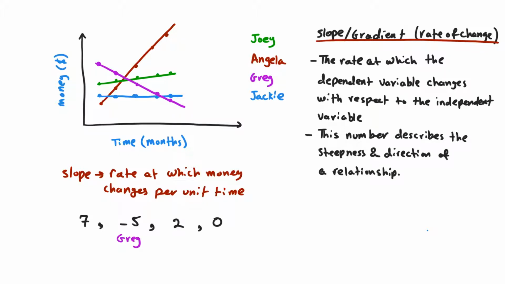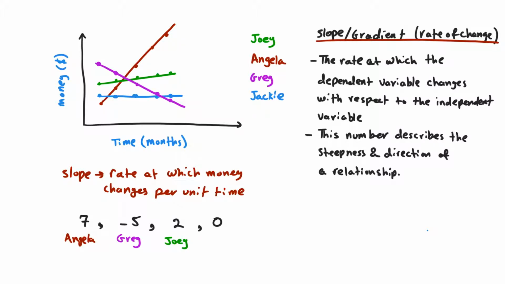We can see in terms of our slopes, or steepness, that Angela here has a very high steepness and it's positive, and Joey also has a positive one, but not nearly as steep. So we know that this 7 will belong to Angela, and our slope of 2 will belong to Joey.